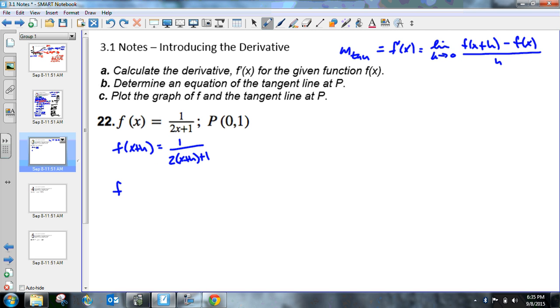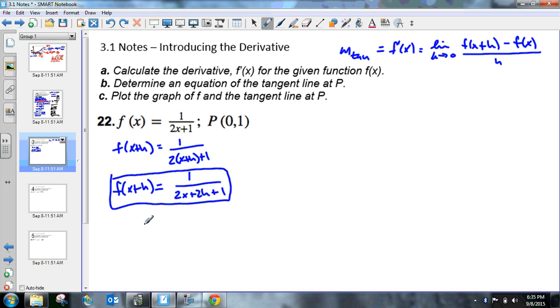I'm going to simplify that a little bit, and that gives me 1 over 2x plus 2h plus 1. I can't really simplify this any further, but this is what I'm going to use for f of x plus h, and this is f of x. So let's plug that in and find our derivative.